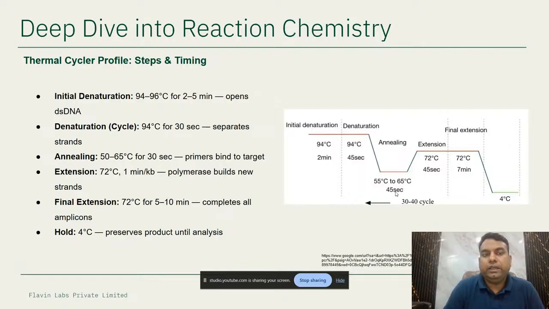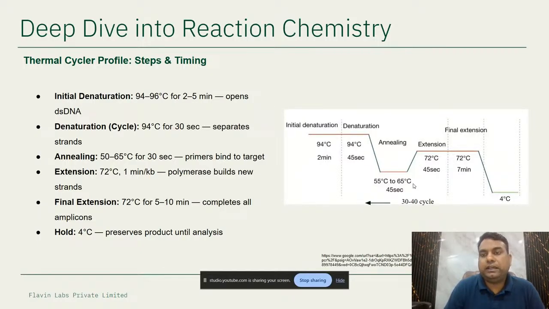At annealing, your primer binds with this denatured single stranded DNA, and polymerase attaches, and it starts attaching dNTPs according to complementarity, like A to T and G to C. So it occurs at the extension step.